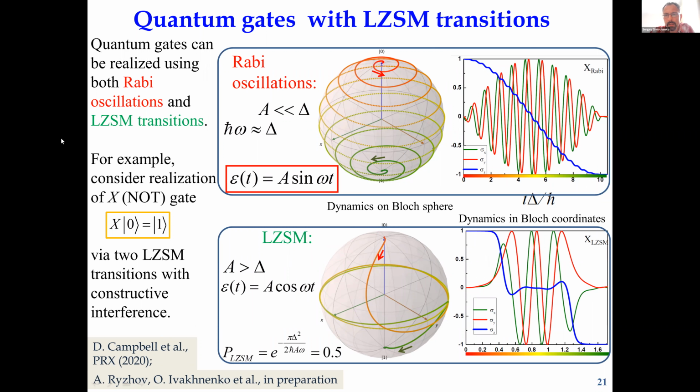Otherwise the coherent processes are destroyed. So analytical formulas allow us to write down such conditions with several parameters like the adiabaticity parameter, the time needed for the transition, etc.